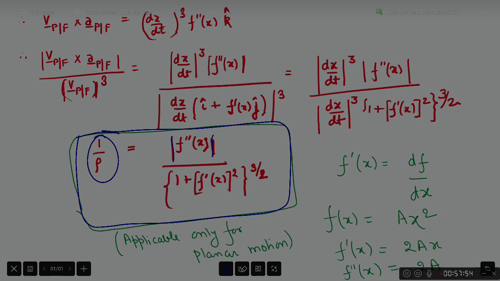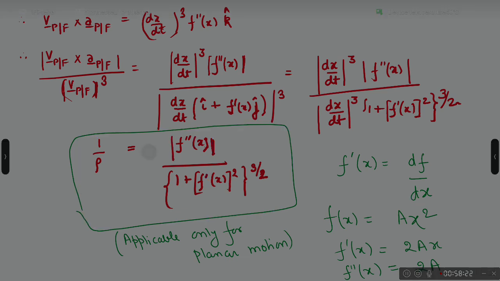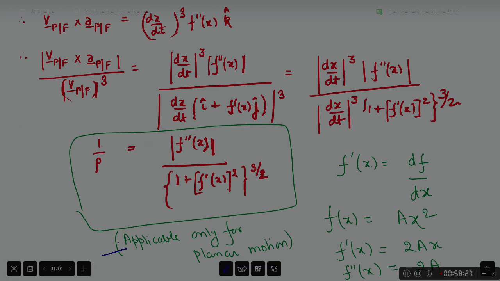Here f single prime means the first derivative of f with respect to x, and f double prime means the second derivative of the function f with respect to x. So with the known trajectory information, one can find the local radius of curvature, applicable only for planar motion. Please keep this in mind.